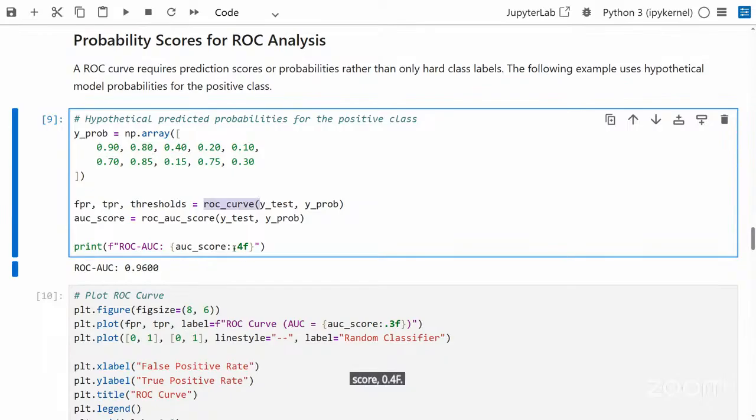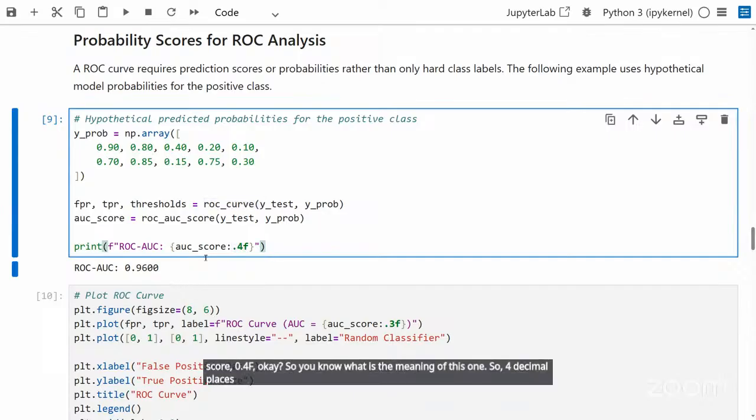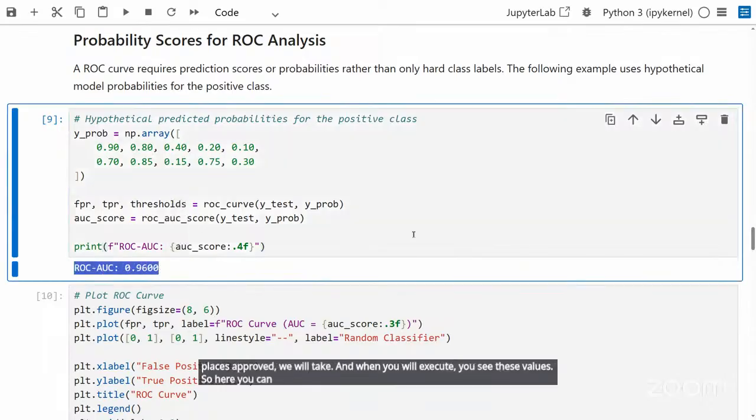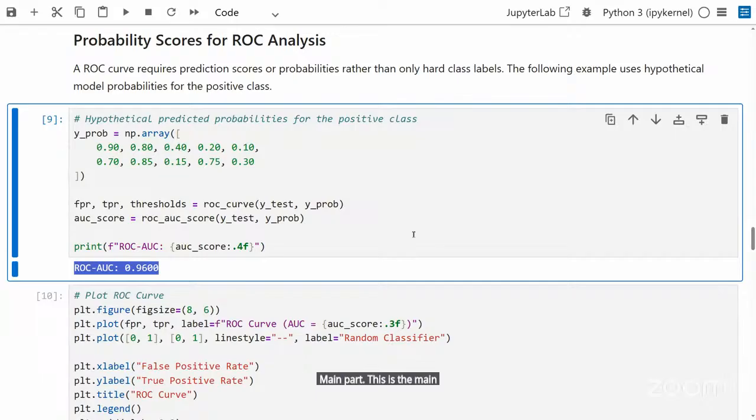Okay, so you know what is the meaning of this one. So 4 decimal places we will take, and when you execute, you see these values. So here you can see 0.96. This is the main part. This is the main value. Okay, so our model is 96% accurate.